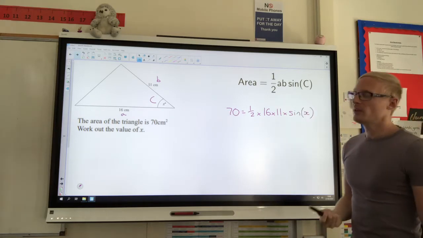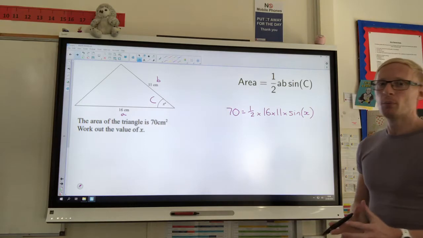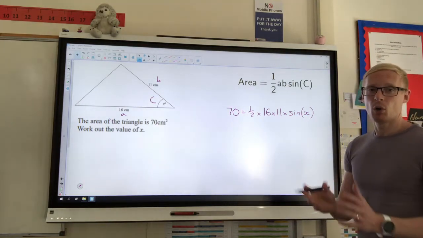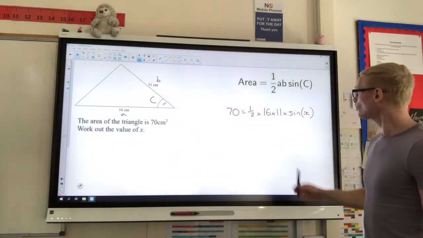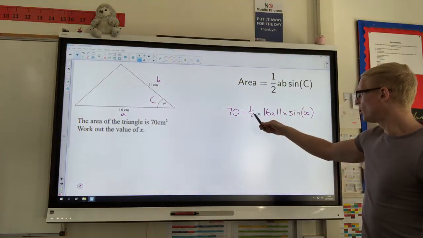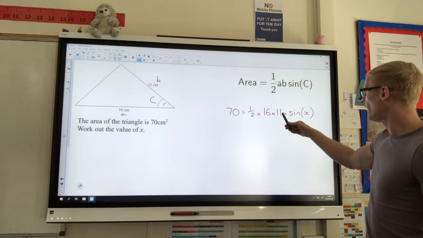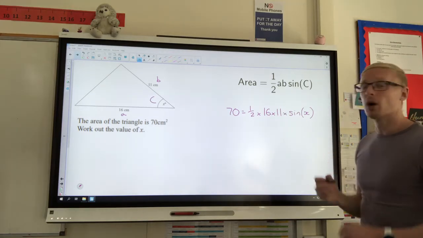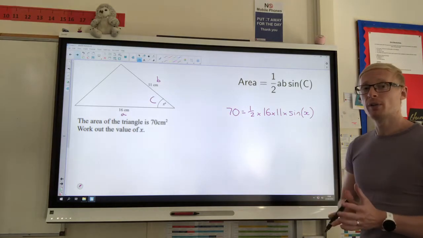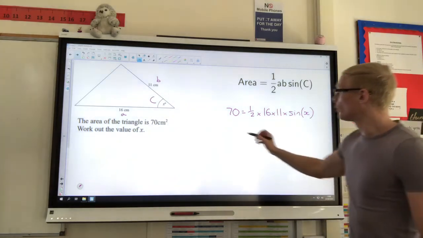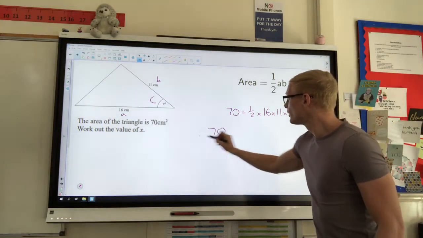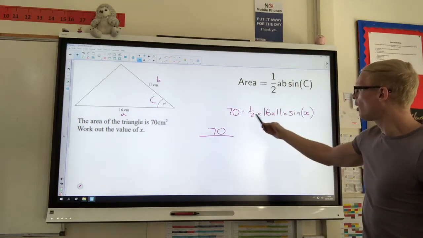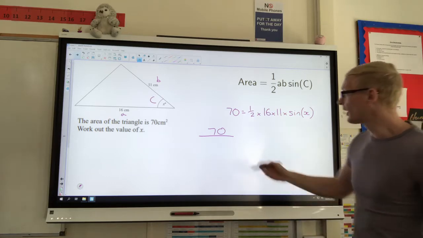Now what we're looking to do at this stage, and this is probably the most important part, is rearrange this to make sine x the subject so we can work out what x is ultimately. So when I look at this, I've got a half multiplied by 16, multiplied by 11, multiplied by sine x. I want to undo what I've got here. I want to work backwards. So I'm going to look to divide by that whole sum. So I'm going to write this as 70 divided by these three things. I'm just going to change a half to 0.5 just because it's slightly easier in the calculator.